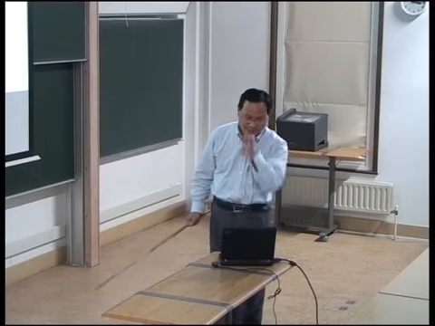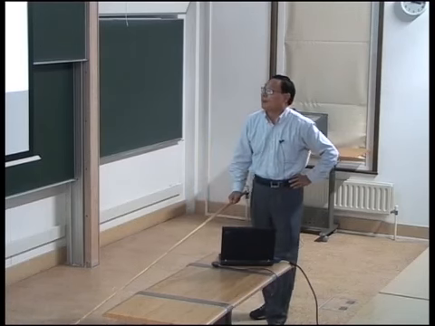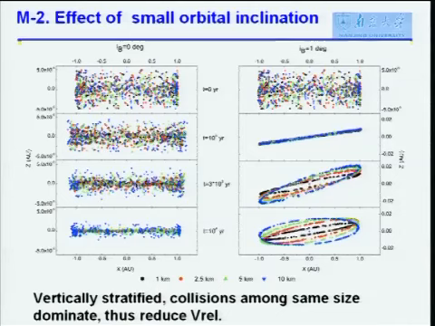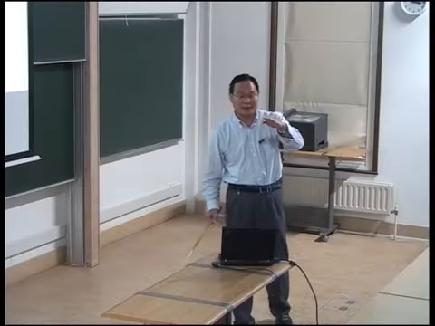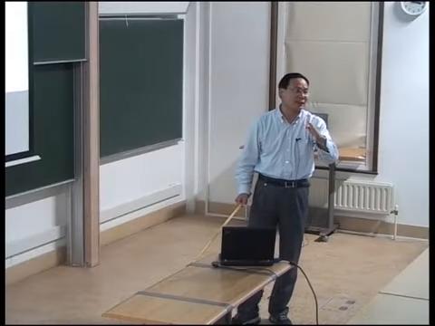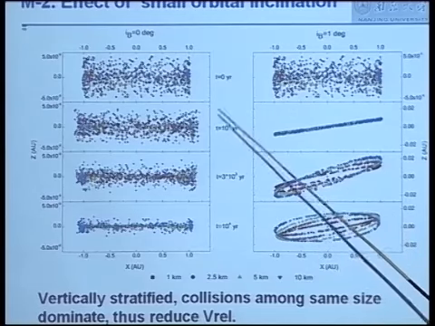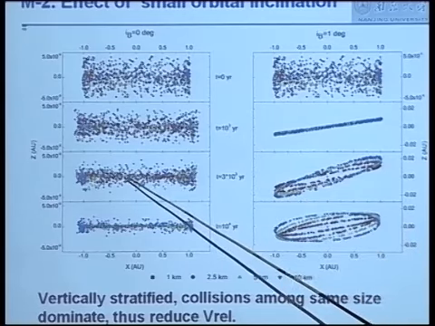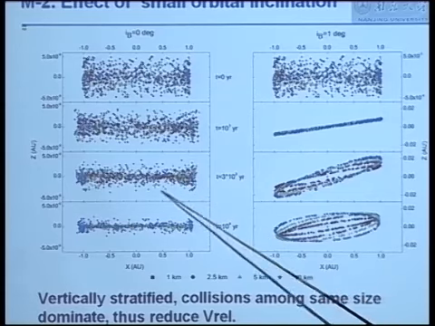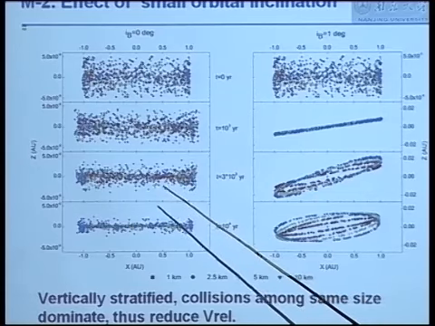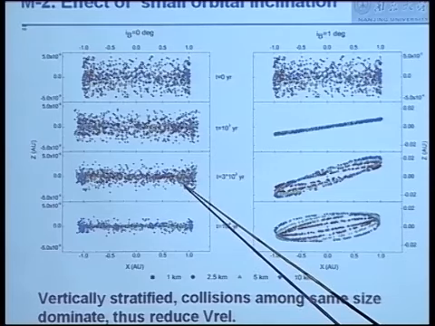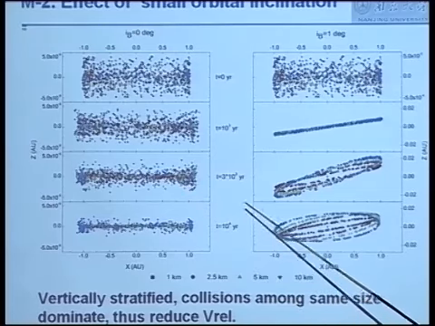This is the second mechanism, and for the second mechanism, we propose that if the disk is not a planar disk but has a slightly small inclination, maybe only 1 degree is needed, then you see, if it's coplanar, all the planetesimals have high relative velocity in their collisions.